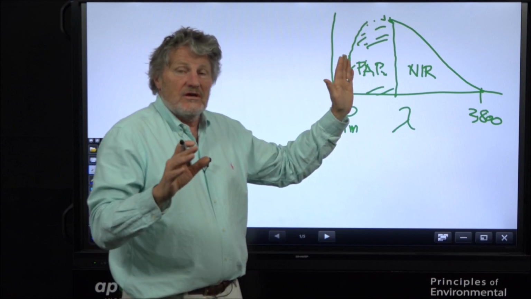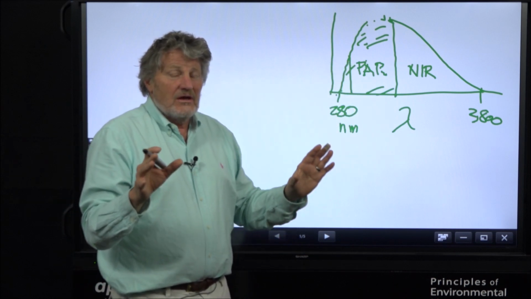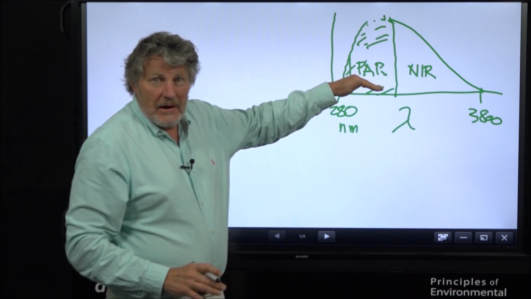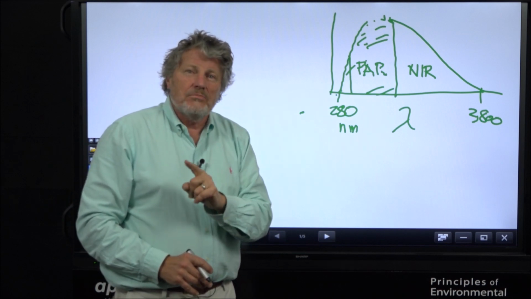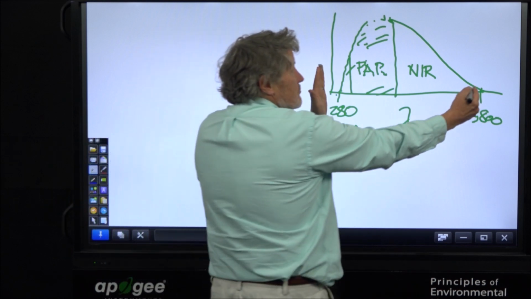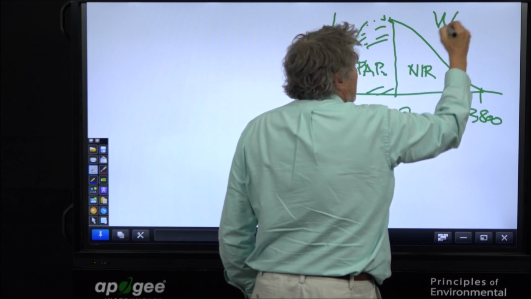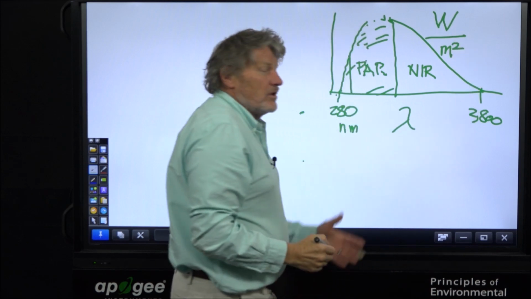So this is in the 1960s and even into the 1970s. This was everywhere in the literature. PAR, that's what we're measuring. But what were the units people used? The units we use for all of this are watts per meter squared. Total energy.